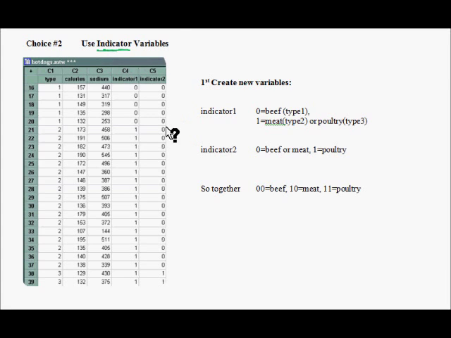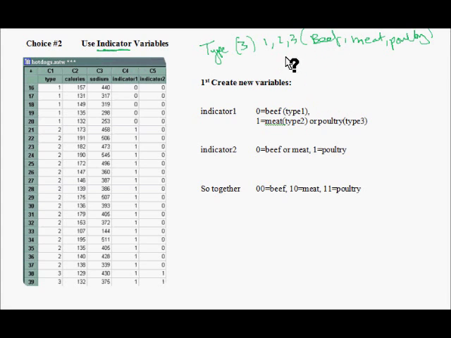Here for our type, which is our categorical variable, we have 3 types, 1, 2, and 3, which are really beef, meat, and poultry. And there's no order to those, right? Calling them 1, 2, and 3 doesn't make sense because it'll make them be in order, and here I want to make them separate because there's no real order to this.